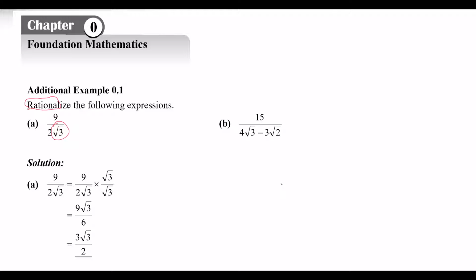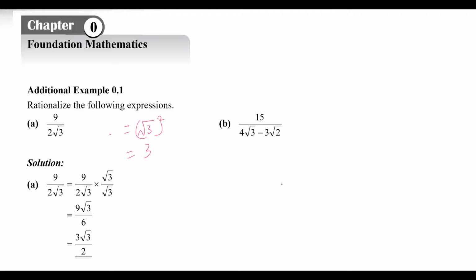And if you look at this irrational number, square root 3, how can we make it rational? If we multiply it with itself, square root 3 times square root 3, which is actually square root 3 squared, we have 3. And therefore, if I multiply square root 3 with itself, then it becomes a rational number. We just use this idea.